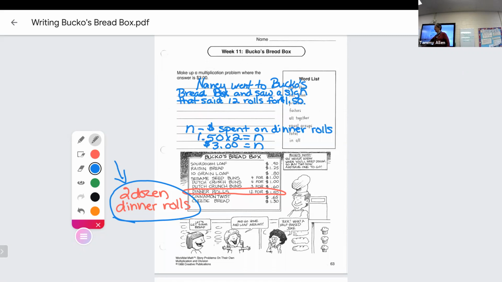She bought what? 2 dozen. She bought 2 dozen dinner rolls. Good. All right. Hope you're writing. She bought 2 dozen dinner rolls. Good. Okay.